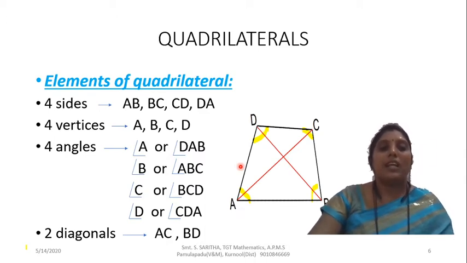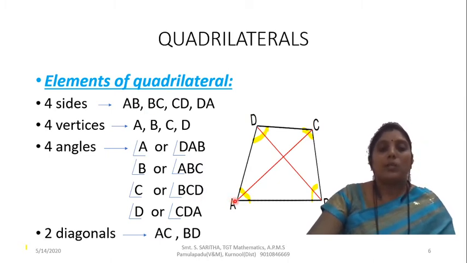Now coming to the elements of a quadrilateral. In this figure, the 4 line segments are AB, BC, CD and AD. They are called the sides of a quadrilateral.